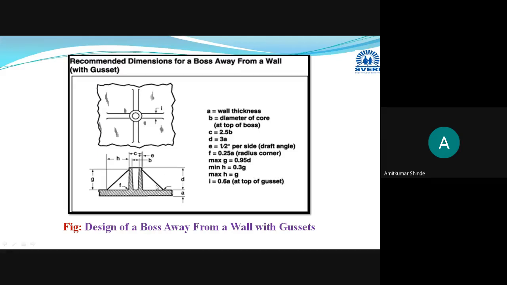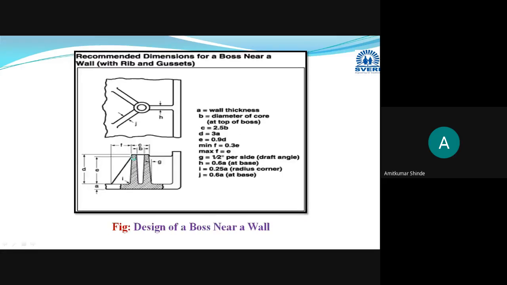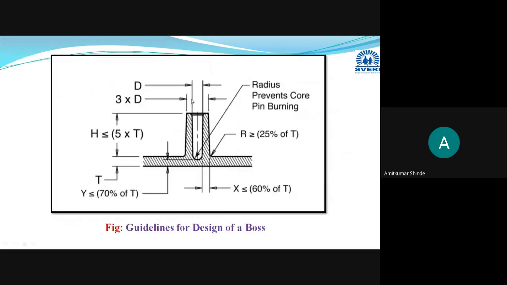and the thickness of this gusset will be generally 60% of the wall thickness. 60% of the wall thickness, and then the inside diameter, outside diameter, you have to provide by following those guidelines. Okay, here I have explained the inside diameter, outside diameter.